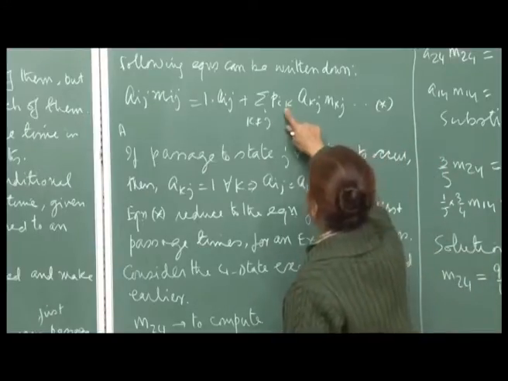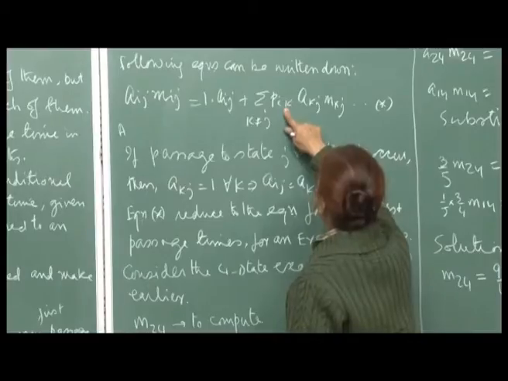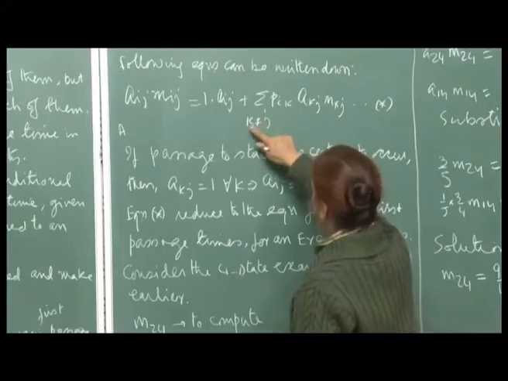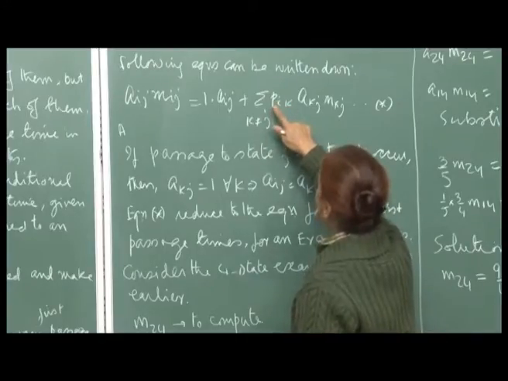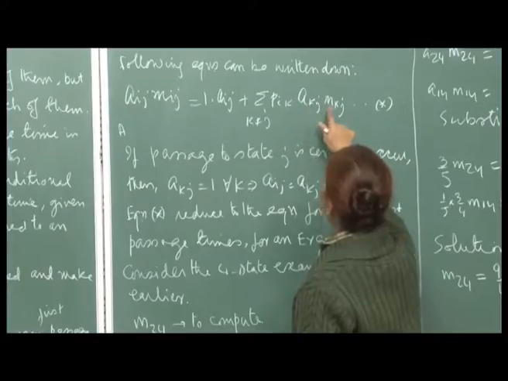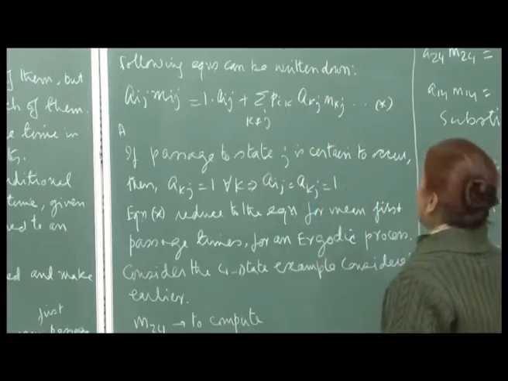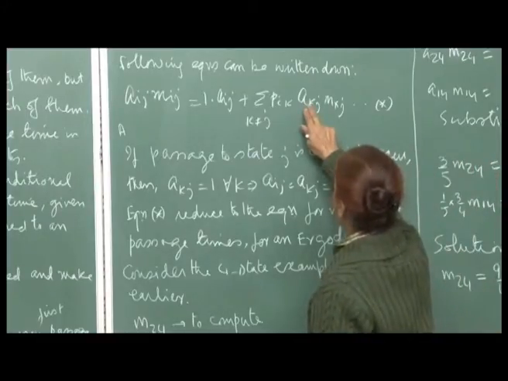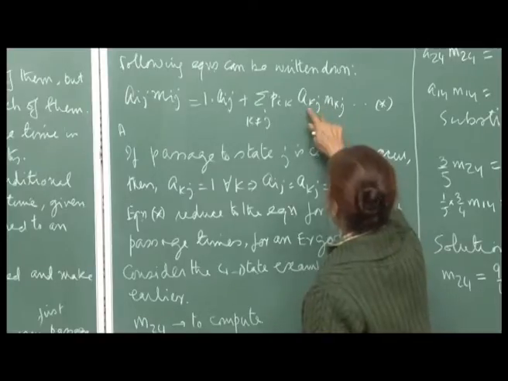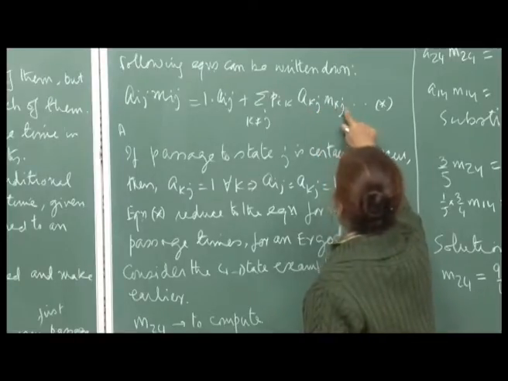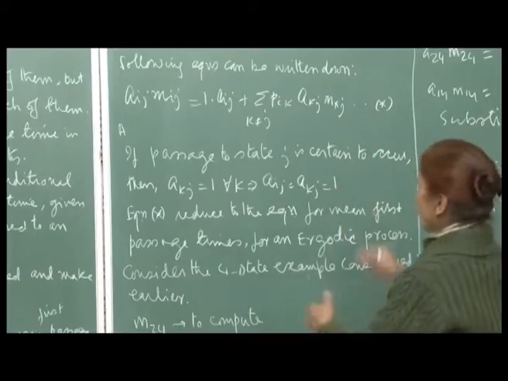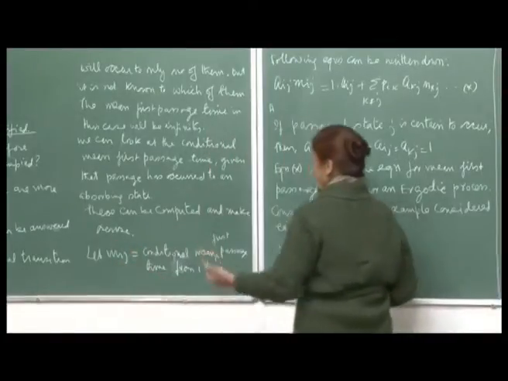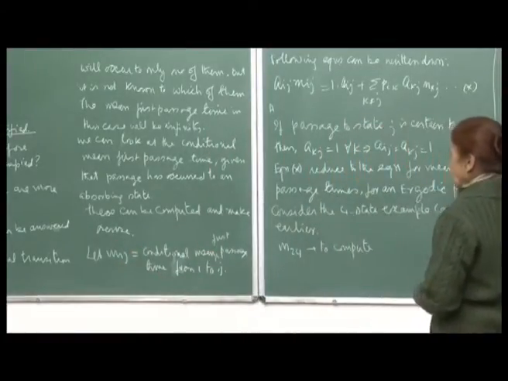You will transition to some k, p_ik into a_kj m_kj. So, then the transition from k to j, the absorbing probability from k to j, and then m_kj. We are trying to write down the equations for m_ij, so that we have a system of equations, and we can solve for these conditional mean first passage times.